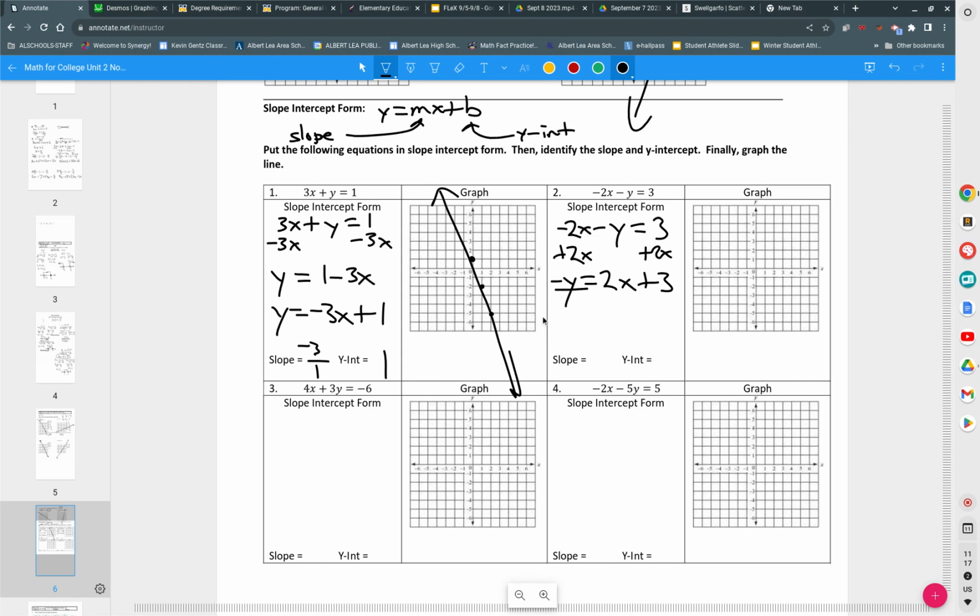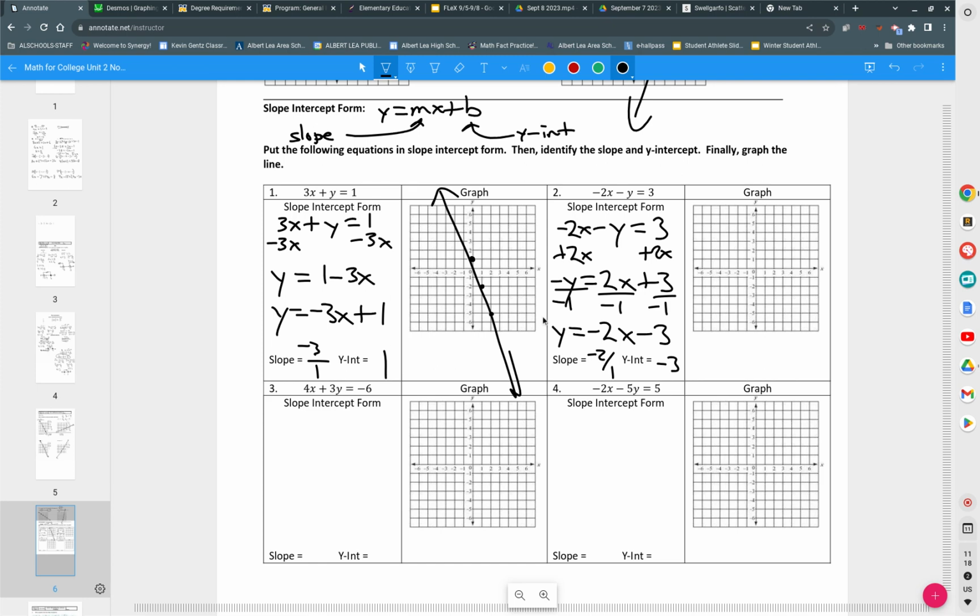Do I divide the 2 by negative 1 or the 3? Both. I divide them both. And we get y is equal to negative 2x minus 3. The y-intercept is negative 3. And the slope is negative 2 over 1.